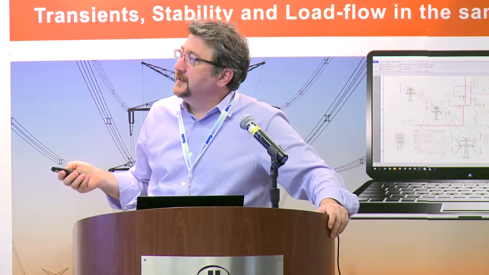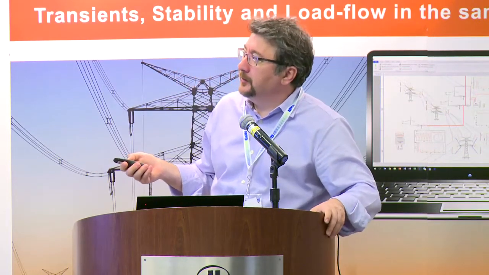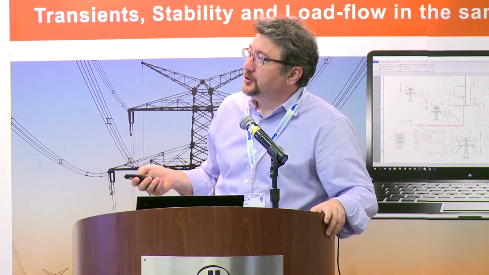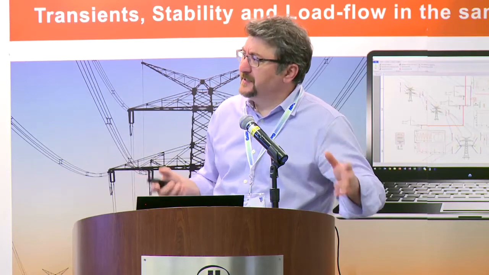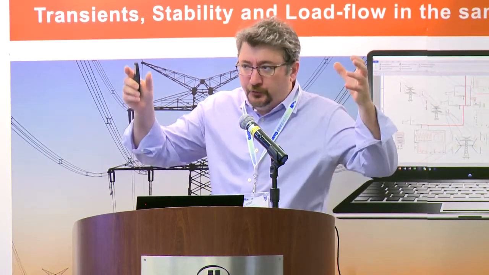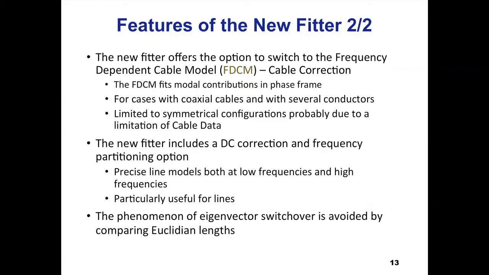Also we use this weighting approach, our approach, so we use fewer poles, and we also do optimization regarding the time delays. We perturb them a little bit to minimize the errors and to minimize the number of poles. These are all important features of the fitter.